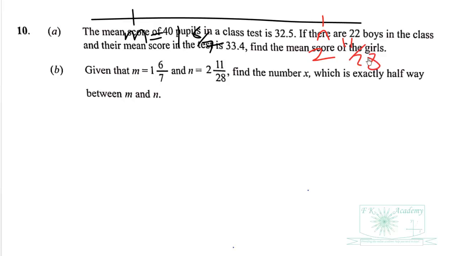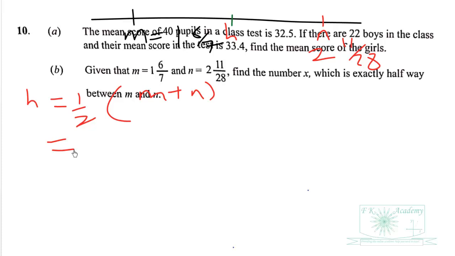And we are asked to find the number that is exactly halfway. So let's say this number here, h. So h will be equal to m plus n over 2.